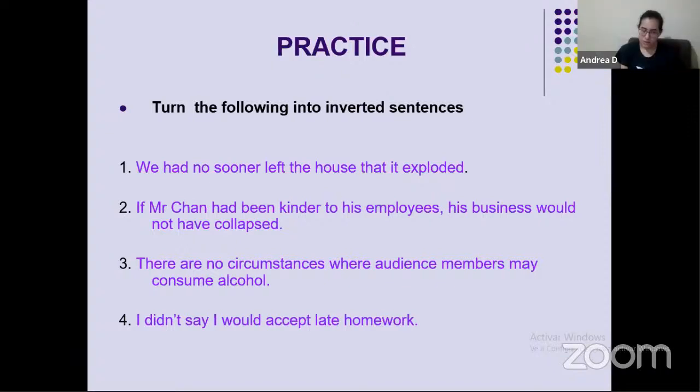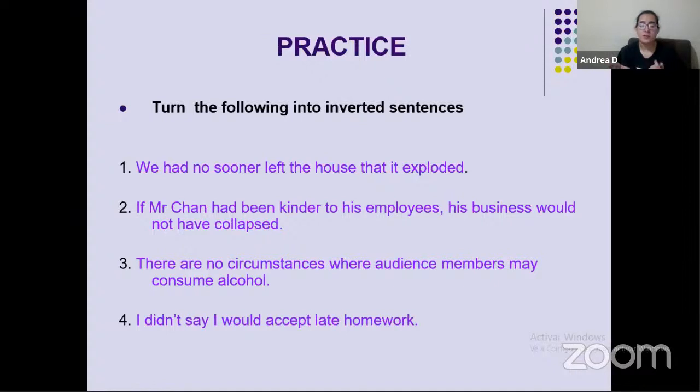But you need an auxiliary, right? You need to remember it's the form of a question. May the audience consume alcohol? Under no circumstance may the audience consume alcohol. So it's the same order as a question. Think of it as a question.